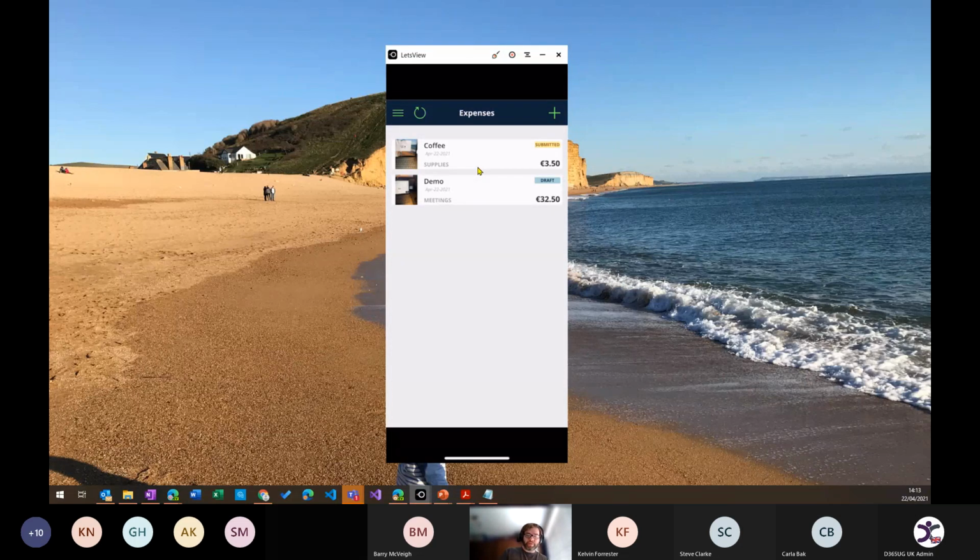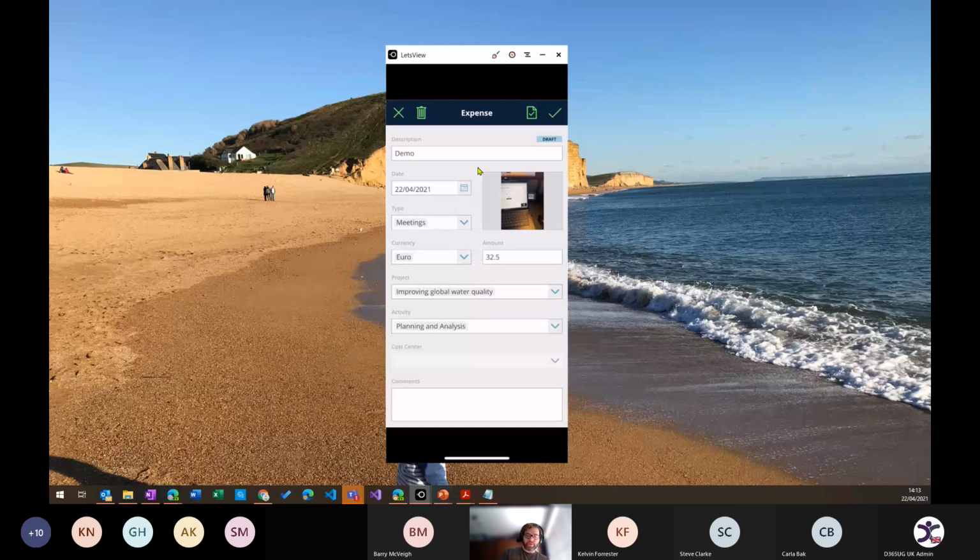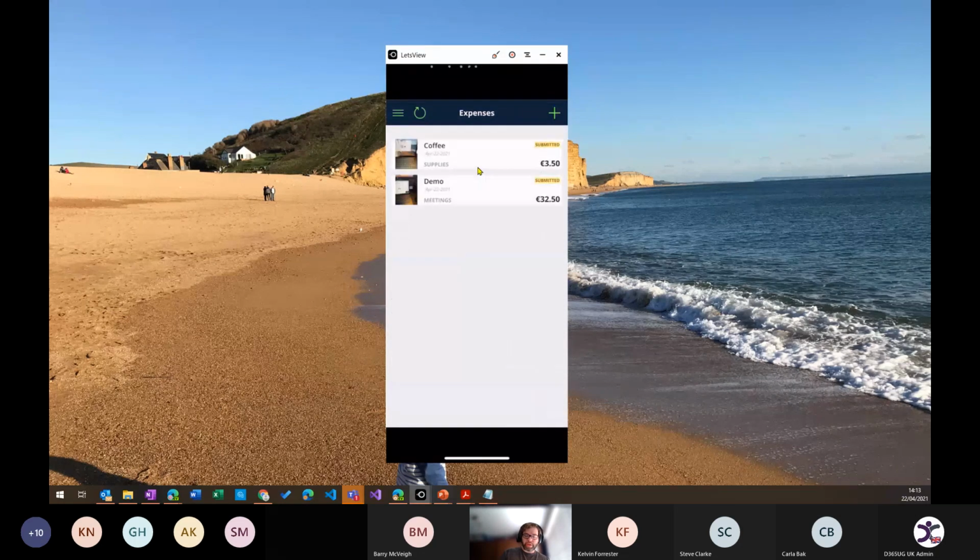You can see at the minute it's in a draft state. So if I just head back in there and just submit that, then that goes off now into Dynamics.